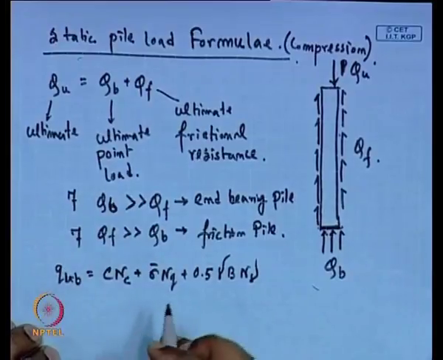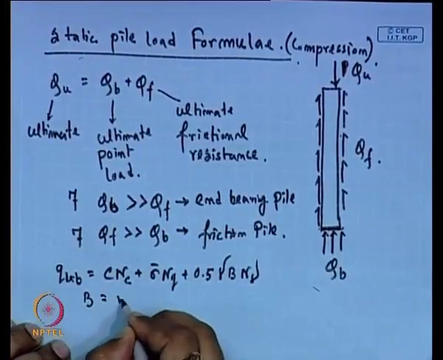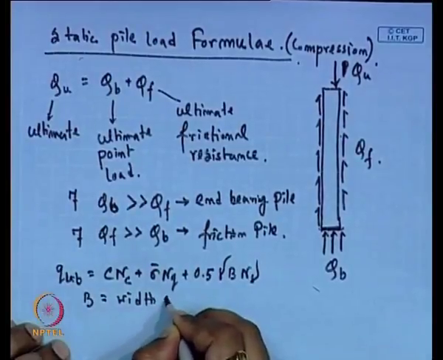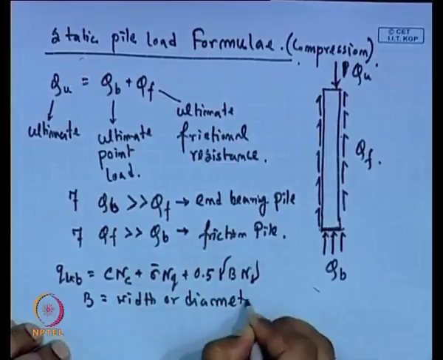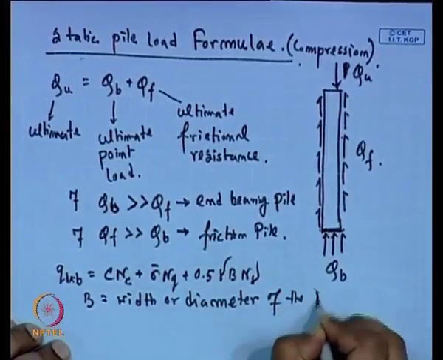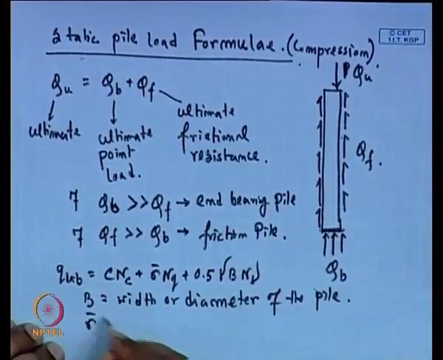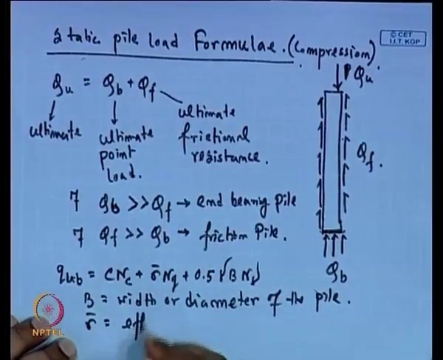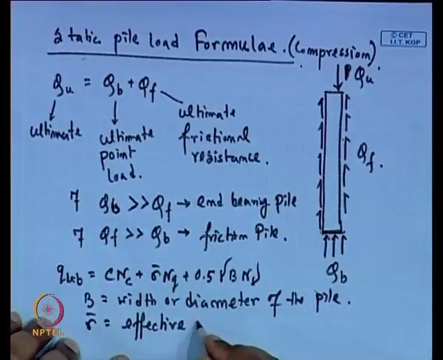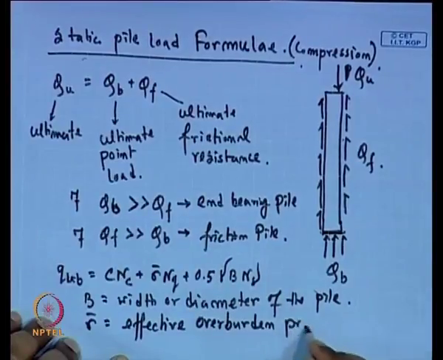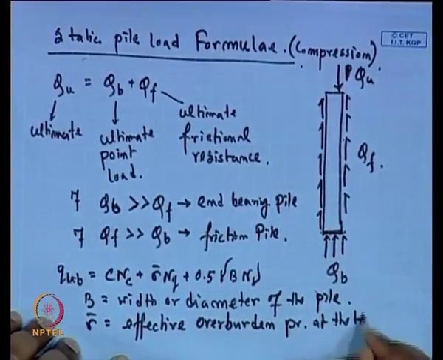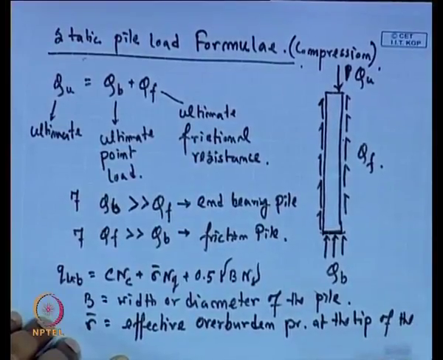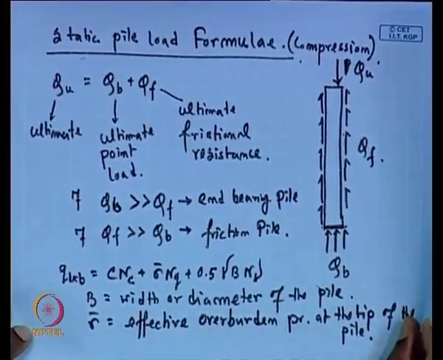So, this is the stress carrying capacity, where B is the width or diameter of the pile, and sigma bar is the effective overburden pressure at the tip of the pile. Now we will calculate this expression.